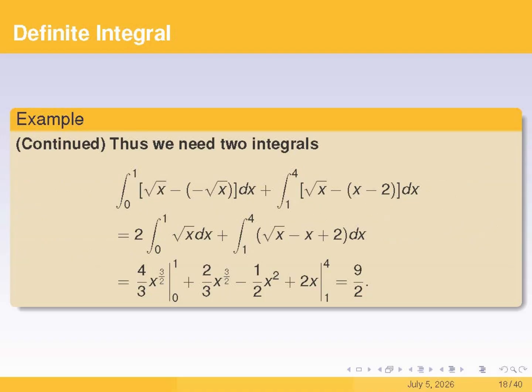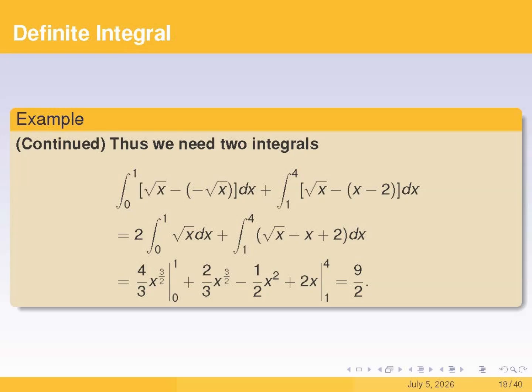Because the lower boundary is made up of two different equations, we have to split the integral into two parts, just like the first line on the screen shows. Remember, the integrand is always the upper boundary minus the lower boundary. If we integrate from 0 to 1, the upper boundary is square root of x, and the lower boundary is negative square root of x. Subtracting the two gives us the first integral in that line.